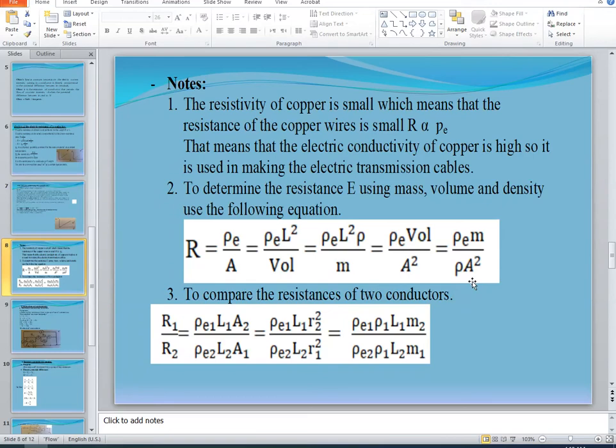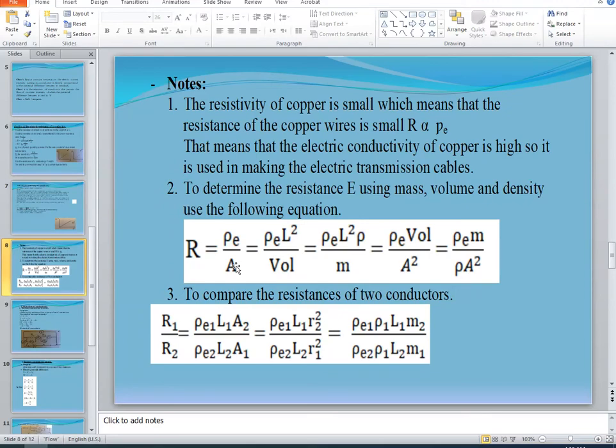Here, the last point in this slide, you can compare between the resistances of two conductors, R1 over R2, as you studied in math. If we use the first rule, rho_e L over A, we have R1 equals rho_e1 L1 over A1, and R2 equals rho_e2 L2 over A2.